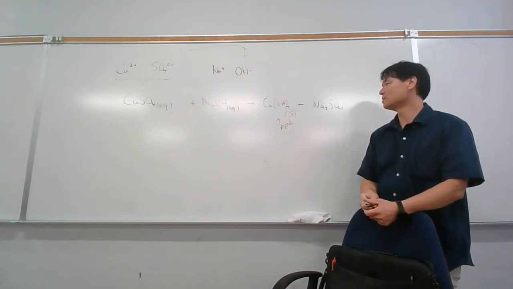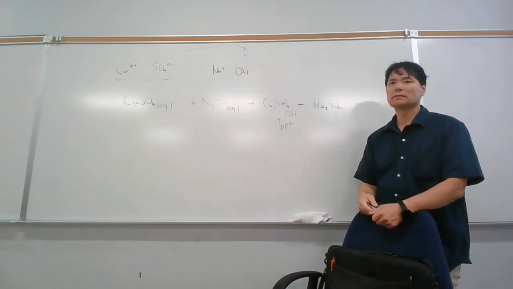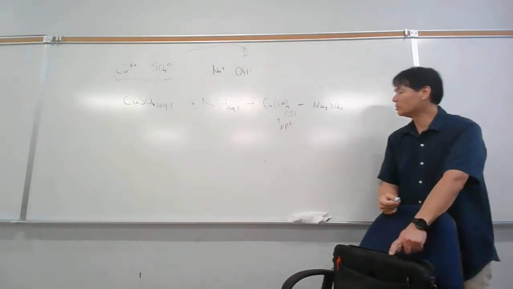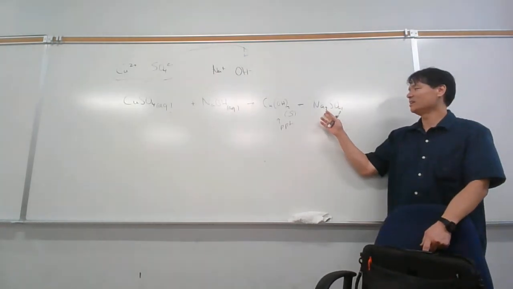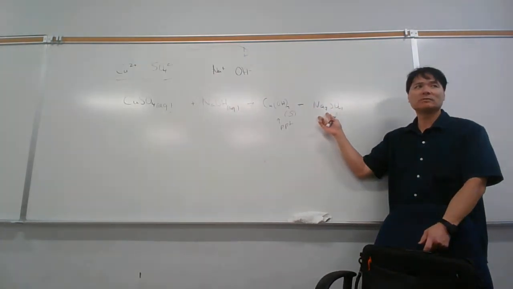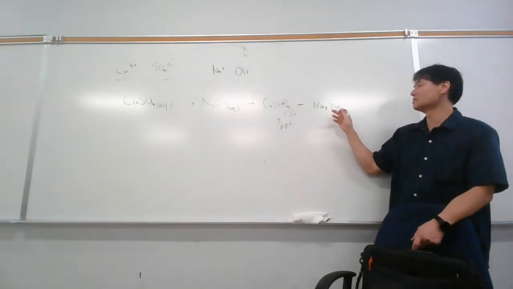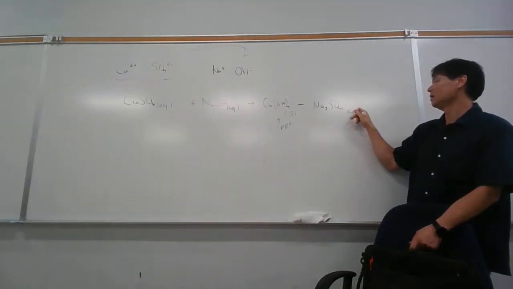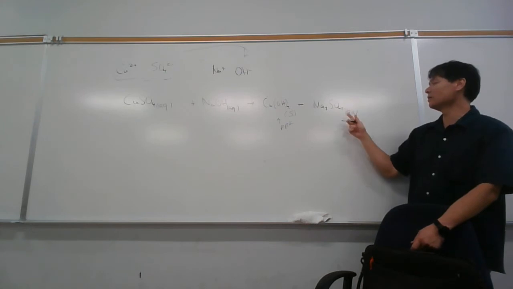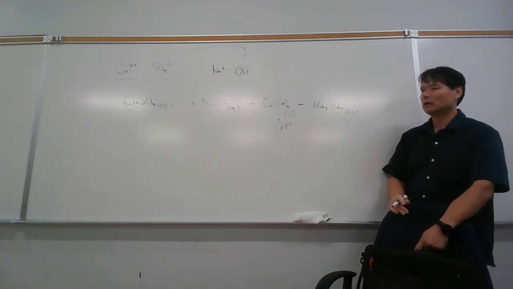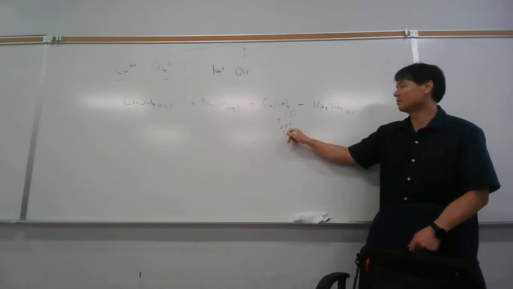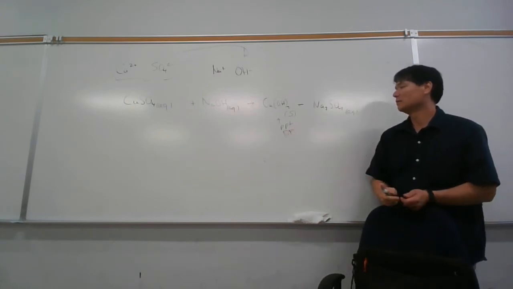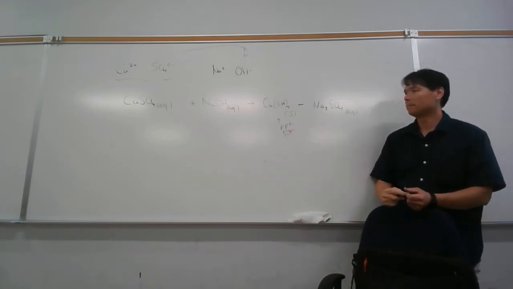Insoluble means solid, which means precipitate. So we're going to form a precipitate of copper 2 hydroxide. How about sodium sulfate? Sodium is in group 1, because sodium's in the first group, and therefore this is soluble. If it's soluble, it's aqueous. And so we're going to have a driving force for this. All we need is one.